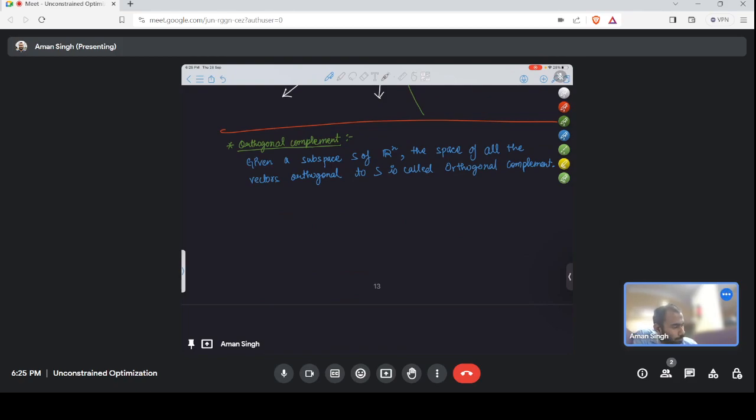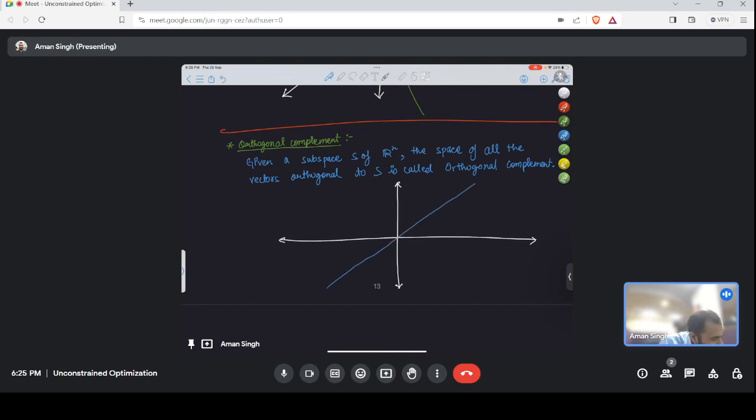So let's see in R2. Let's say this is a subspace S that we are talking about, and we are in R2. What is the orthogonal complement of this subspace?